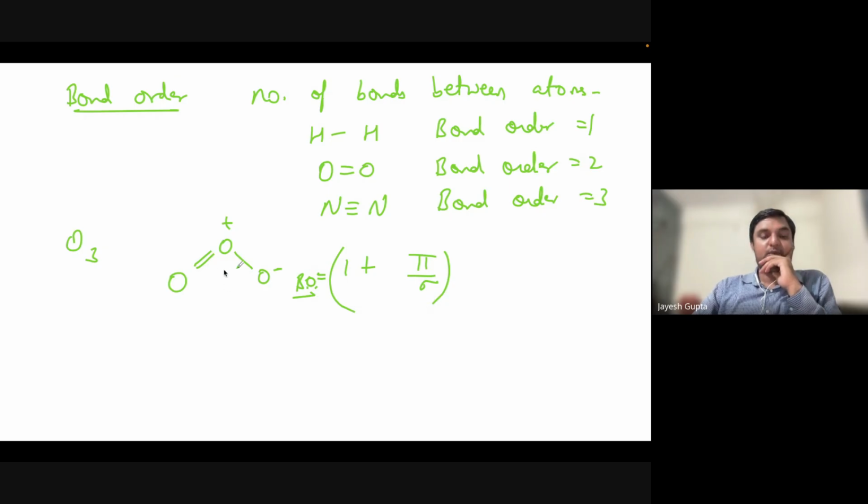So pi bond here you can see you are having only one pi bond. In sigma bonds you are having two. So you can write like this. You have one pi bond and you have two sigma bonds. So bond order is coming to be 3 by 2. So in this way you have to.